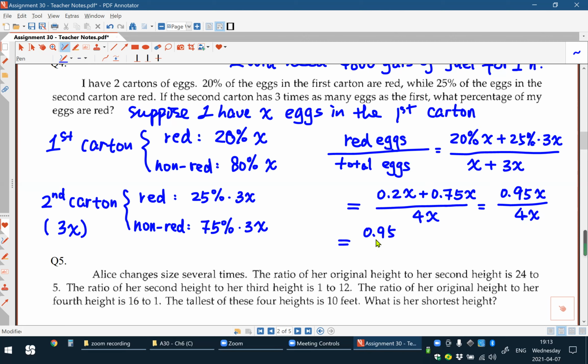The x's cancel each other out, right? 0.95 over 4, which is 0.2375. So this is a ratio. If you'd like to write it in percent, that's 23.75%.